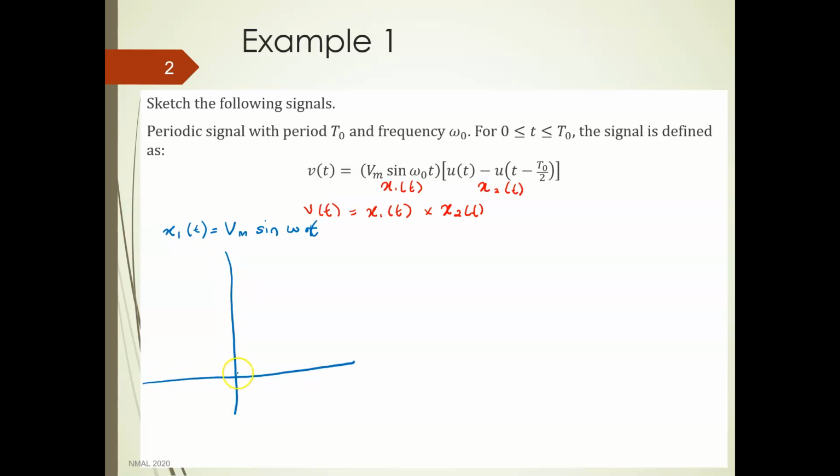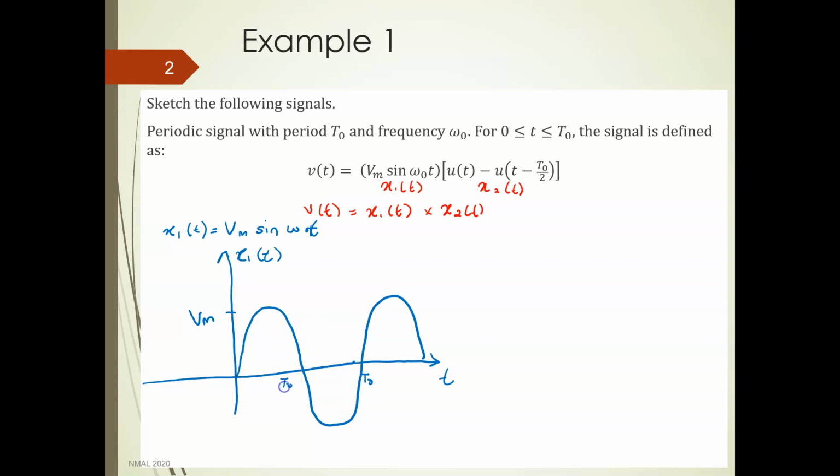We know that the sine function form is like this, and it goes on until infinity, and the peak amplitude here is Vm. So this is x1t.